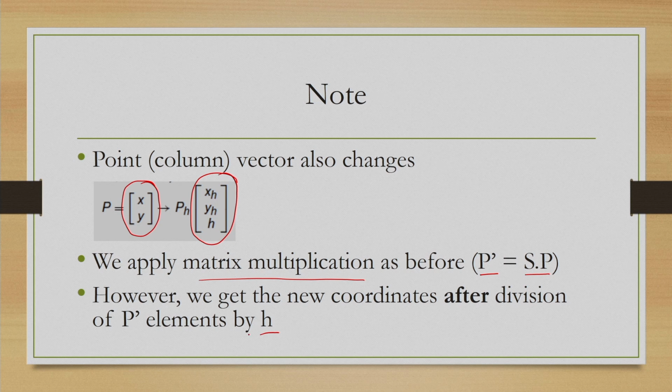This is the general rule for getting back the actual points, but in case of geometric transformation, as we have already mentioned, H is always 1. So, it really does not matter, but other transformations we will see in subsequent lectures where it matters very much.